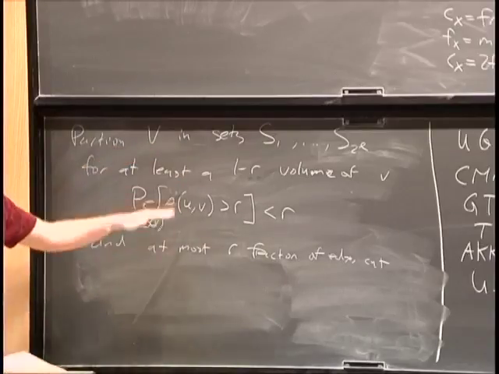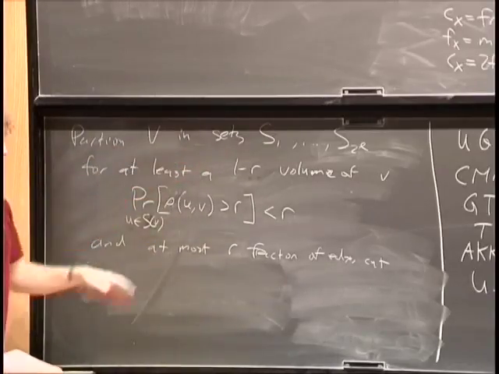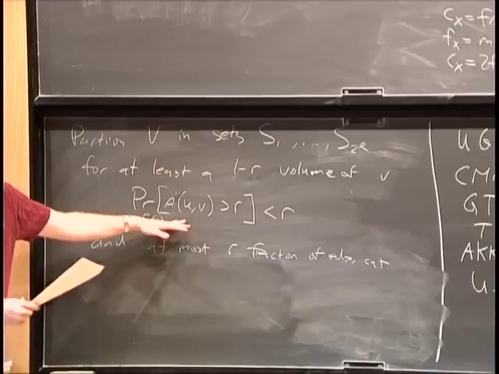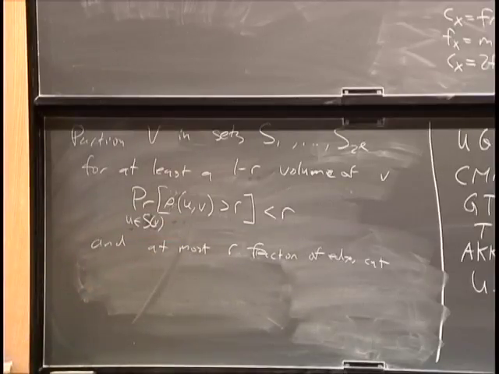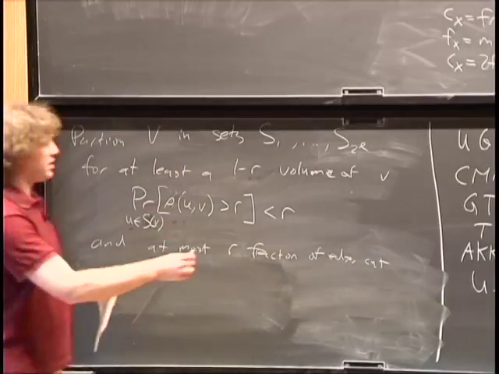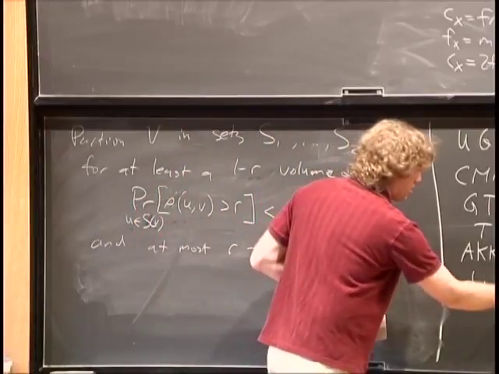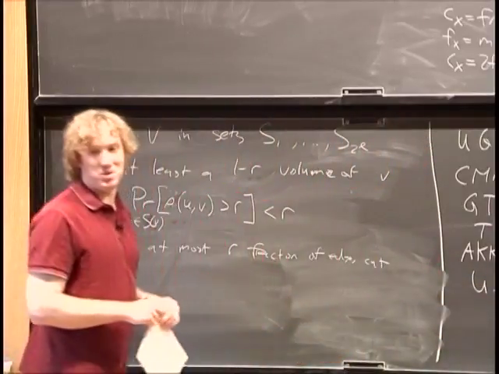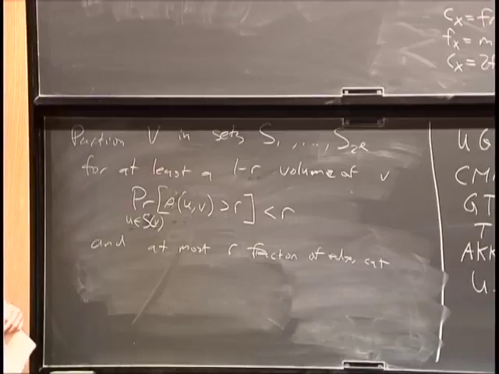So we get back these sets such that, and this is in the polynomial time case where we have some constant local conductance.